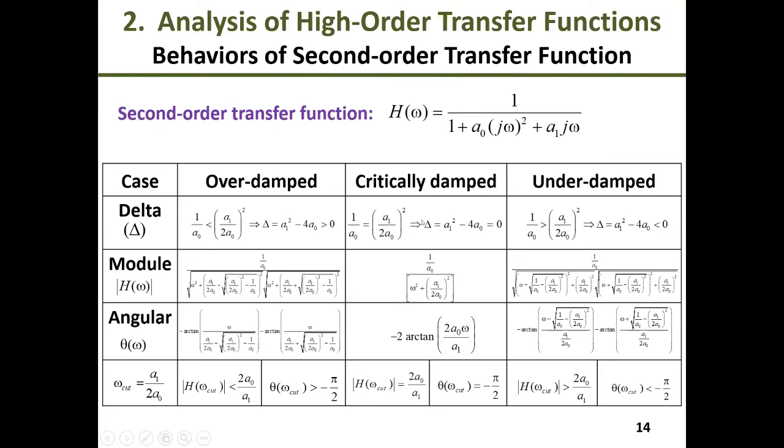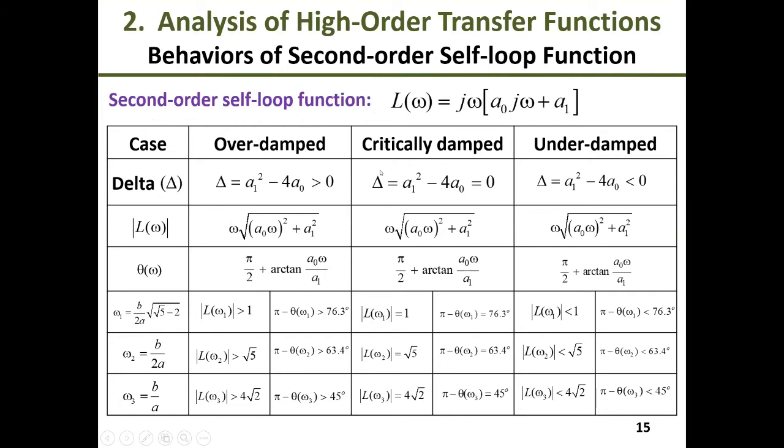Now, let me summarize the behavior of a second order transfer function. On the summary table of the behavior of a second order loop gain function, we can see the phase margin at the unity gain of the loop gain function is 76.3 degrees. In case of overdamping, the phase margin is very high, and in case of underdamping, the phase margin is very small.